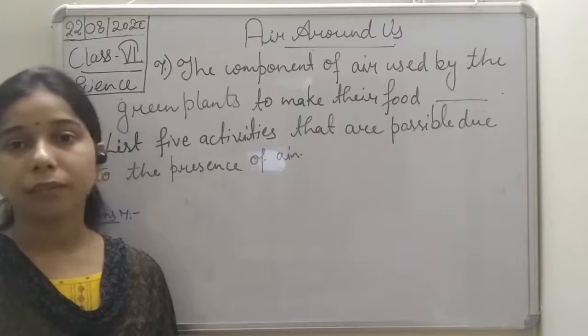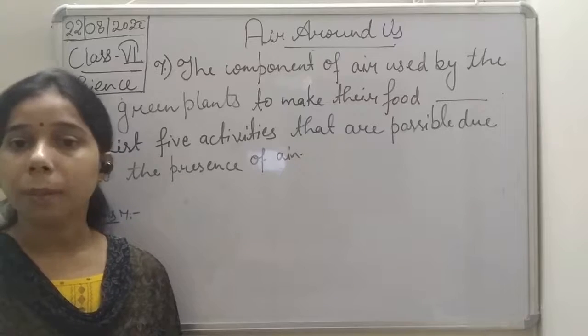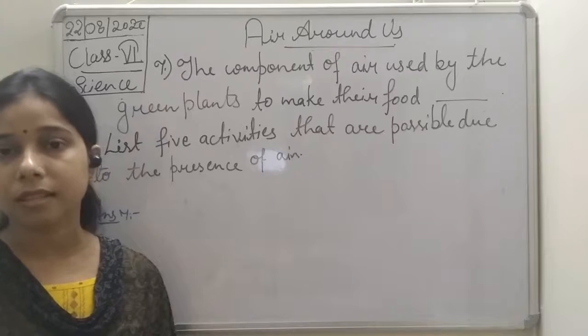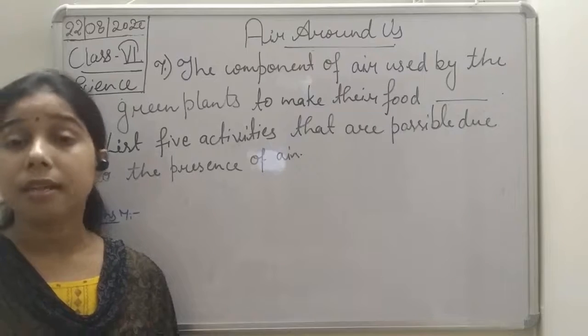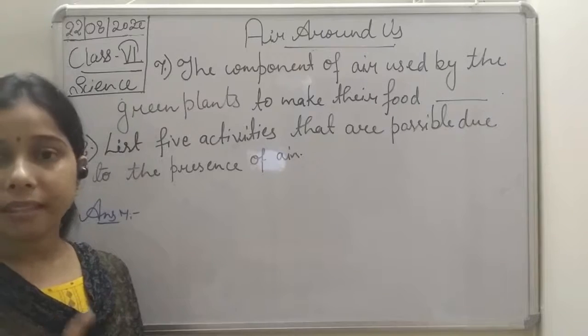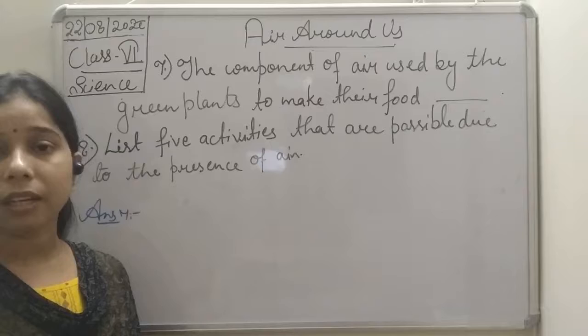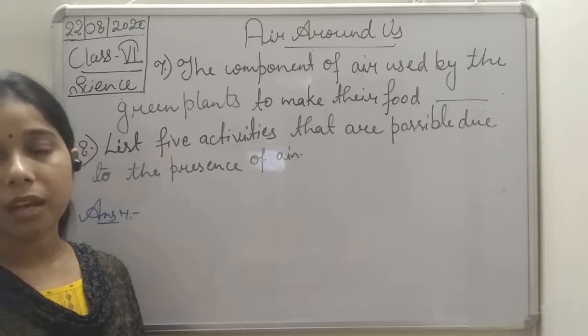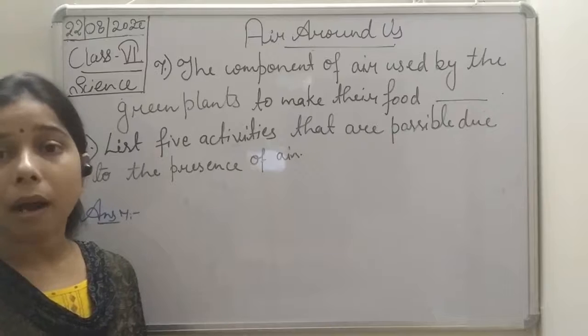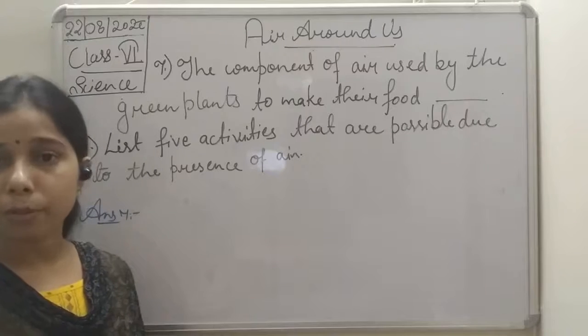Water, they get it from the roots. Chlorophyll is present in the leaves itself. This photosynthesis occurs in the presence of chlorophyll. Sunlight, they take it from the sun, and finally one gas that they take from the atmosphere, that is carbon dioxide. So carbon dioxide is part of the air, it comes in the composition of the air.